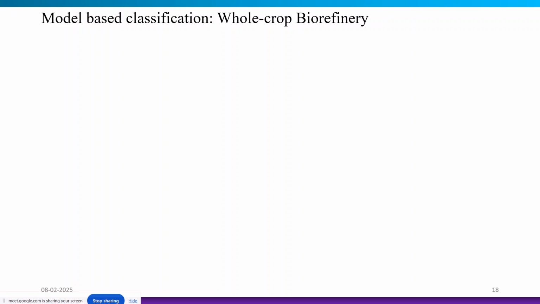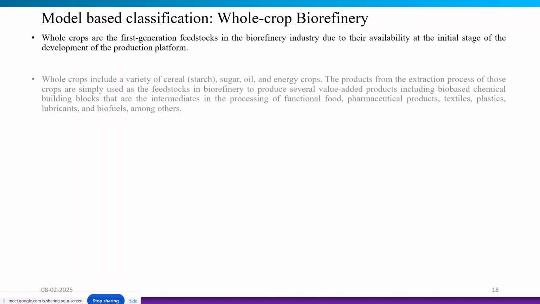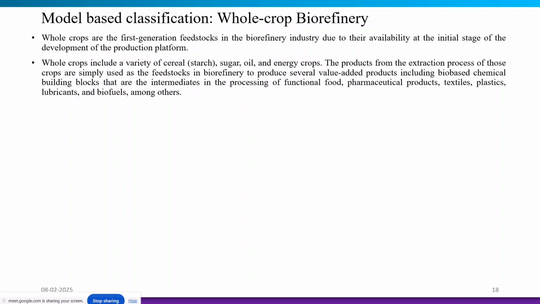So now we are going to discuss the model based classification of the biorefinery, that is whole crop biorefinery. Whole crops are the first generation feedstock in the biorefinery industry due to their availability in the initial stage of the development of the production platform, right? This whole crop includes a variety of cereal, that is starch crop, sugar crop, oil and energy crops.